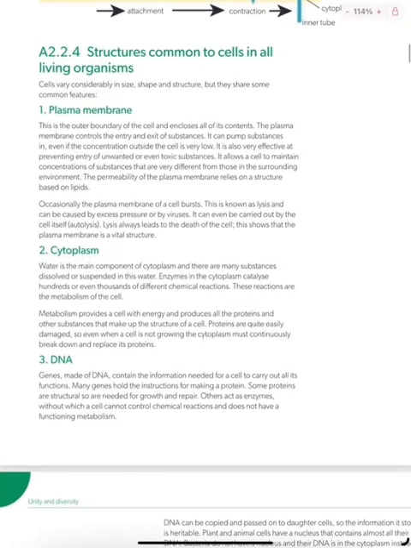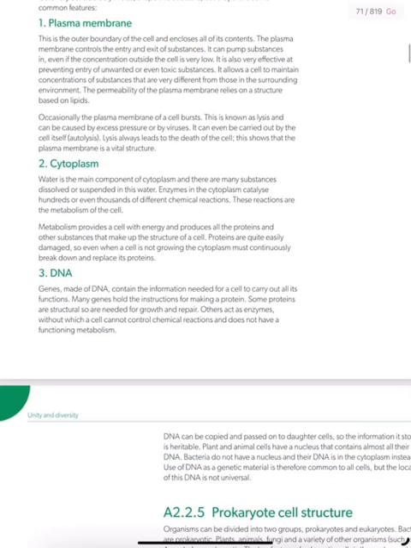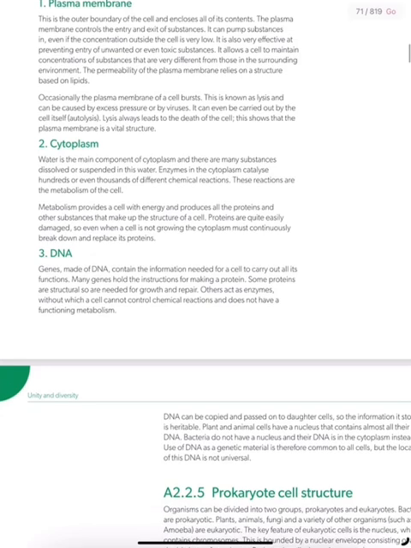So the plasma membrane is the outer boundary of the cell and encloses all of its contents. The cytoplasm consists of water, and there are still many substances dissolved or even suspended in this water. Enzymes in the cytoplasm catalyze hundreds or even thousands of different chemical reactions, and these reactions are called the metabolism of the cell.